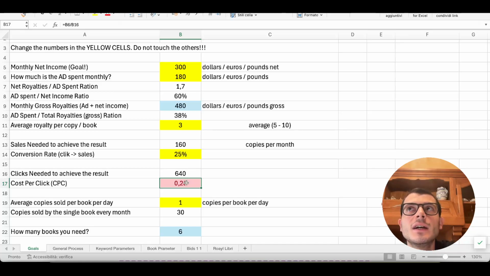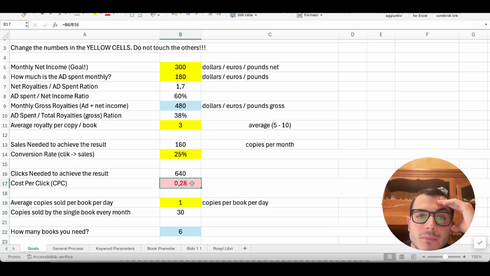So the real thing you want to see is, am I able to generate clicks and impressions at 0.28 cents? Because once you create your Amazon Ads advertising, you will set the bid.